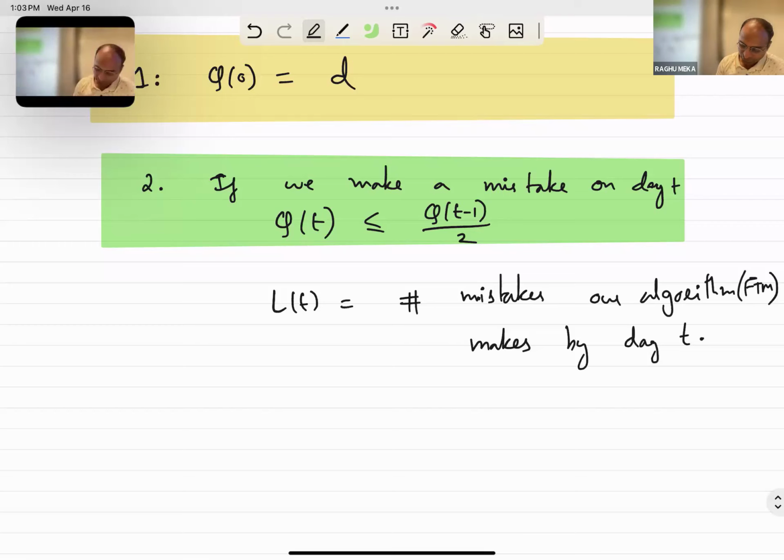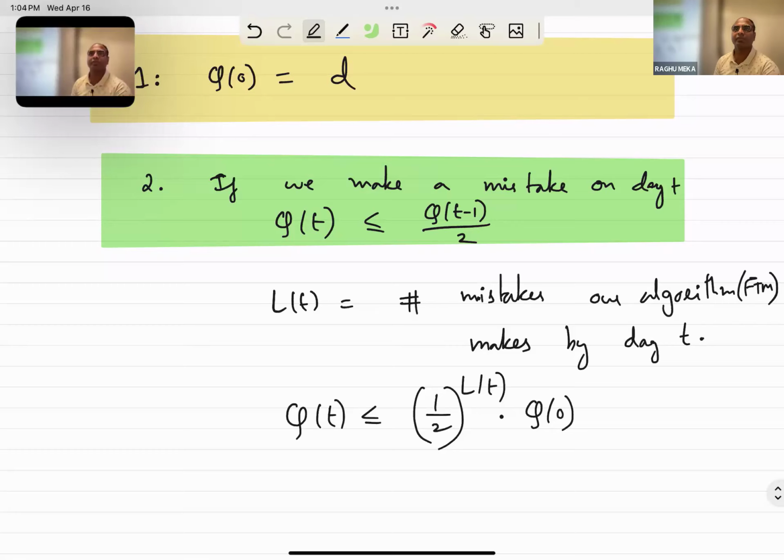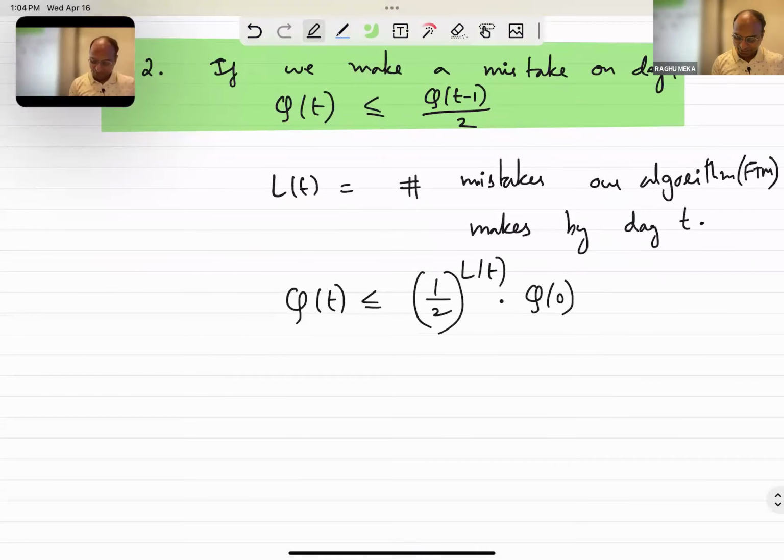So we can clearly say that this is at most... every time we make a mistake, we cut the previous size by at least a half factor. So in the end, the total number of experts left is at most 1/2 raised to the power total loss. Okay, the same argument, I'm just writing it in a very painfully laborious way.